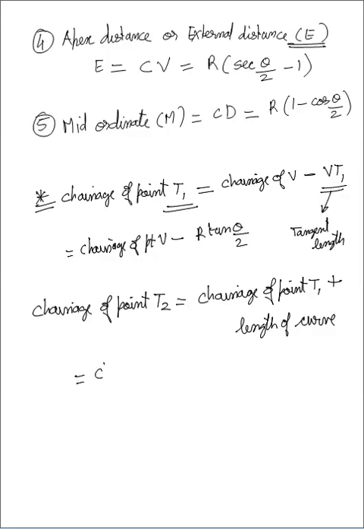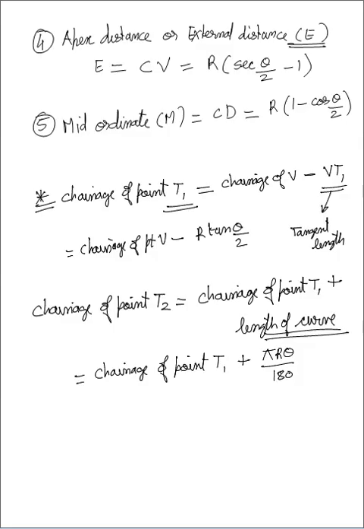So that is chainage of point T1 plus pi r theta by 180, that is your length of curve basically.